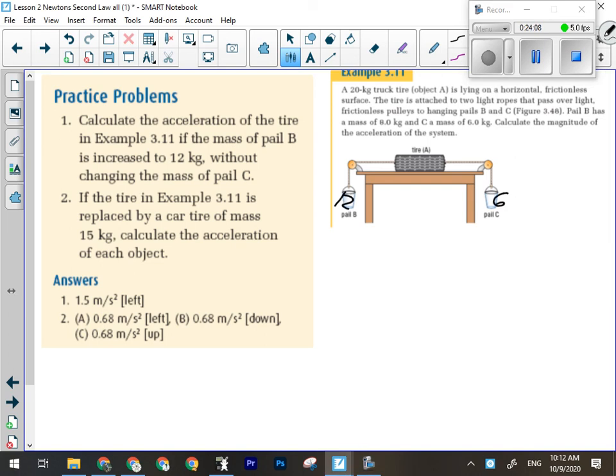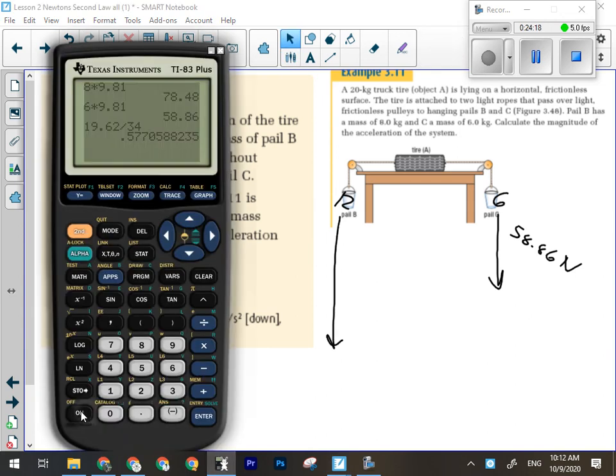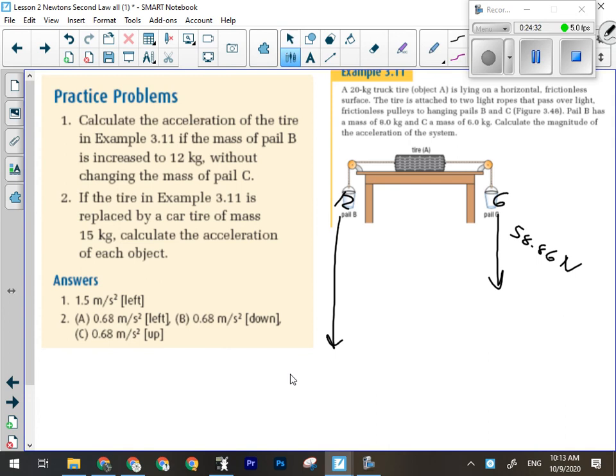This stayed at 6. So this force of gravity here is still 58.86 newtons, but now this one is bigger. So we're going to have 12 times 9.81, not divided, 12 times 9.81. That's 117.72 newtons.